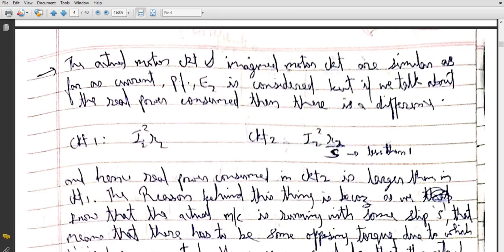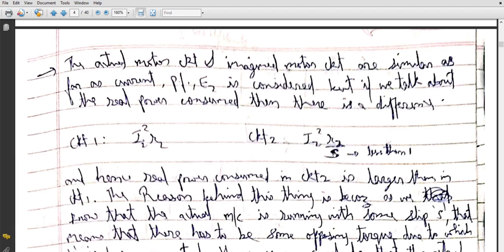If the synchronous speed is 1500 rpm, then the speed of the rotor at no load will be around 1470 rpm. It cannot be equal to 1500 rpm, as we have already discussed that the rotor speed can never be equal to the synchronous speed.